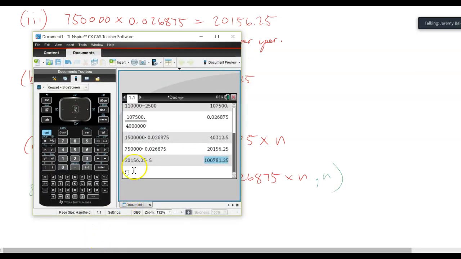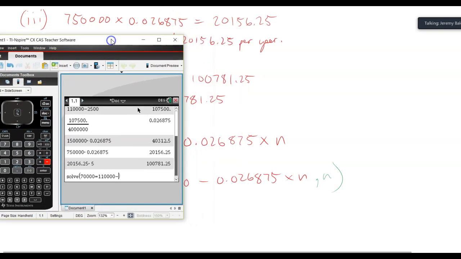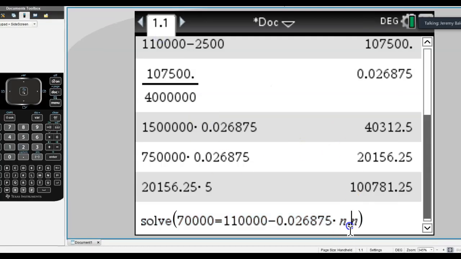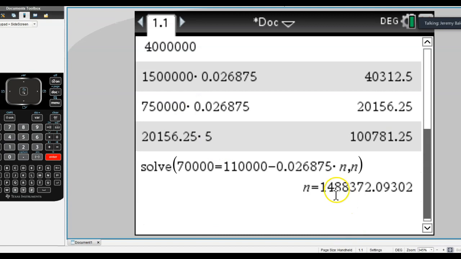So we're going to go solve 70,000 equals 110,000 minus 0.026875 times n, comma n, and that will give me, it doesn't like, I think I put a dot in there, just put a comma there.